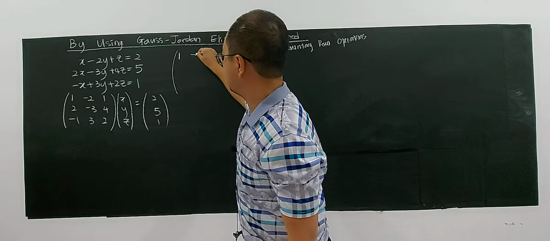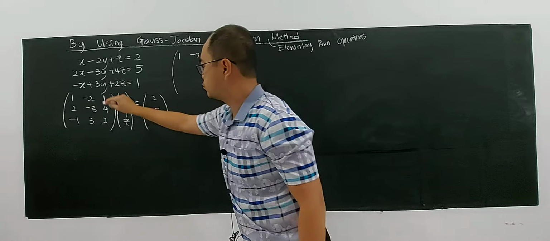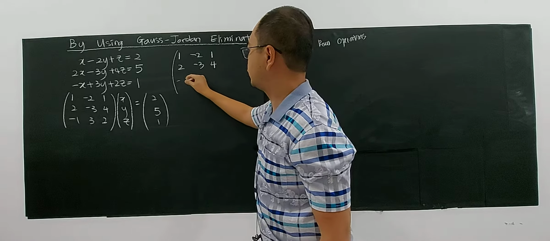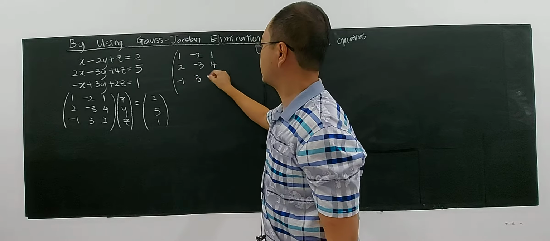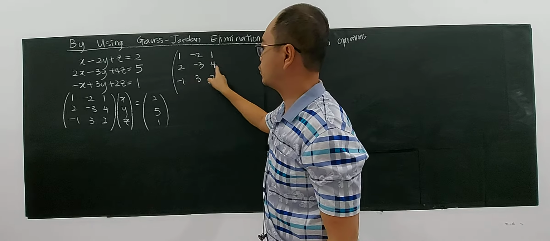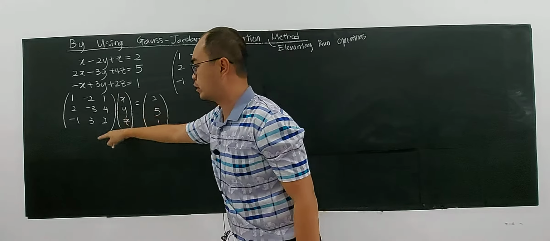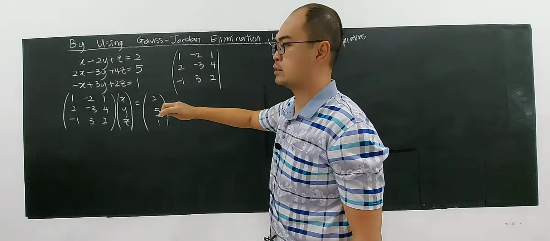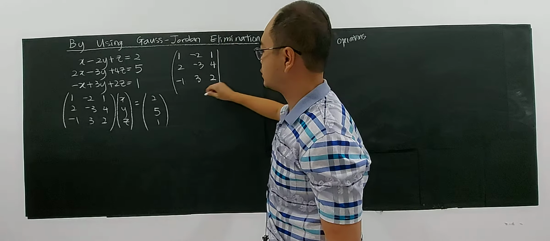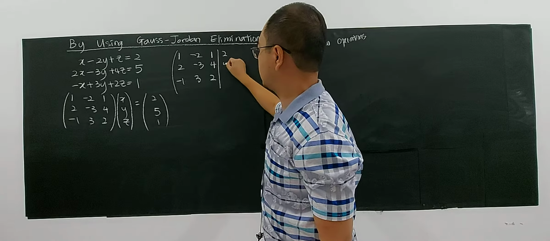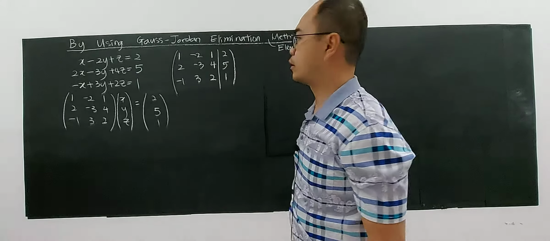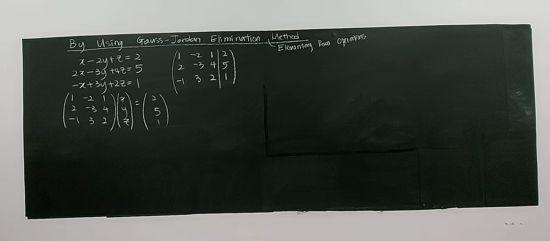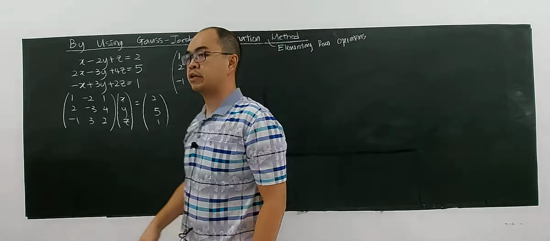You just write all the matrix: 1, -2, 1, 2, -3, 4, 1, 3, 2, and -1, 3, 2. I write this way because I want to find x, y, z, so I don't write the x, y, z for the augmented matrix. I just put one more column for this. So this becomes the augmented matrix in solving linear equations, using the Gauss-Jordan elimination method.